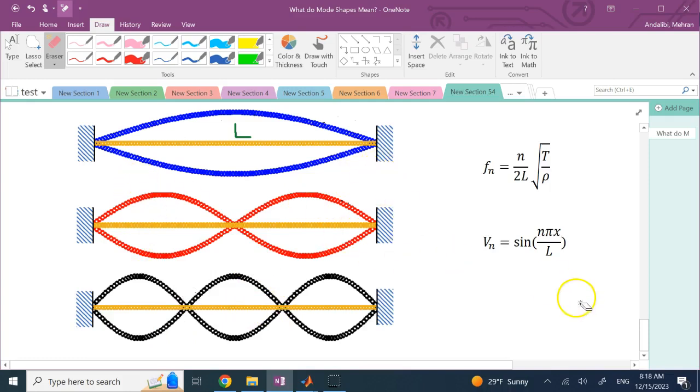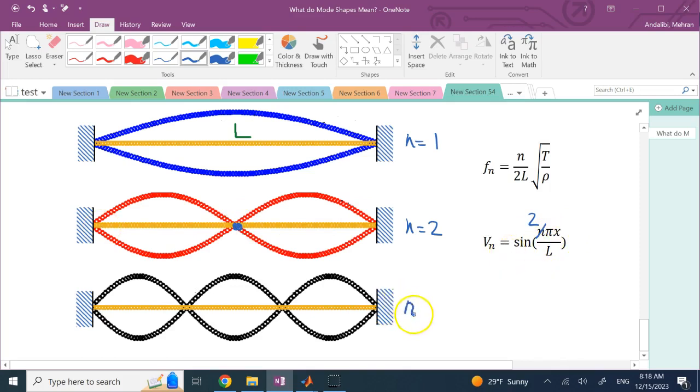This was for n of 1, so your mode shape becomes sine of pi x over L, which is 0 at x of 0 and x of L. This is for n of 2, so it becomes sine of 2 pi x over L. This function is 0 at 0, L, and L over 2. So you get a node here in the middle, as well as the left and right.